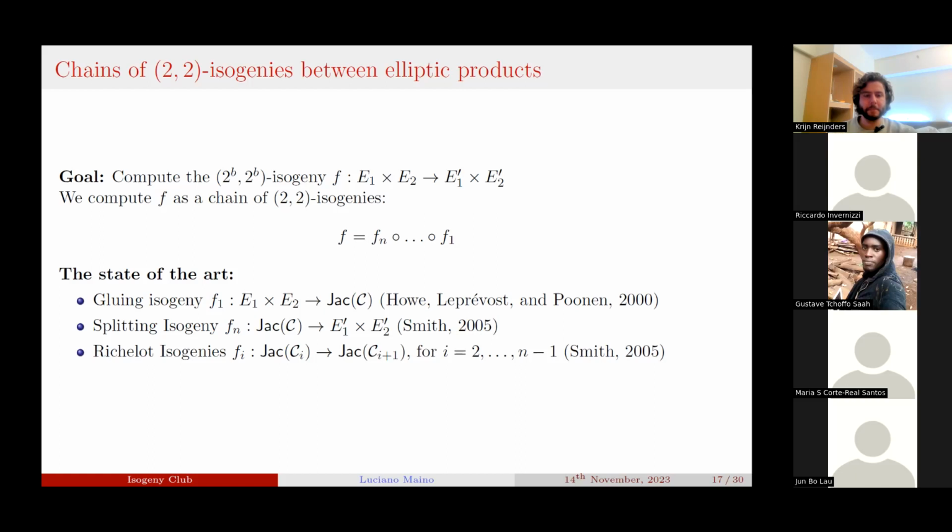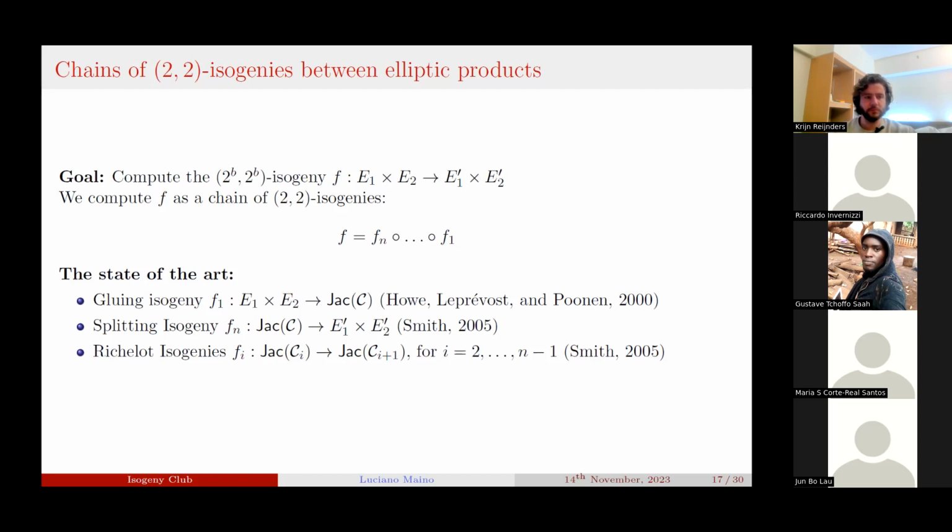Then another particular step is the last step, which is the splitting isogeny, where you map from the Jacobian of a genus 2 hyperelliptic curve onto an elliptic product. Again, there are formulae to compute this type of isogenies, and these are described in the PhD thesis of Ben Smith.